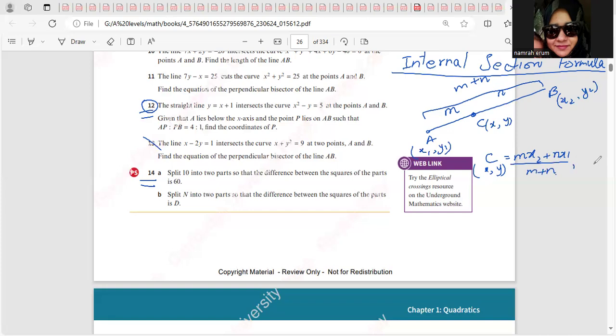The y coordinate is M Y2 plus N Y1 over M plus N. The smaller ratio goes with the x coordinate of the second point, the bigger ratio with the x coordinate of the first point. The smaller ratio, M, goes with the y coordinate of the second point, the bigger ratio, N, with the y coordinate of the other point, and the total is the parts in which the line has been divided. Is that fine?